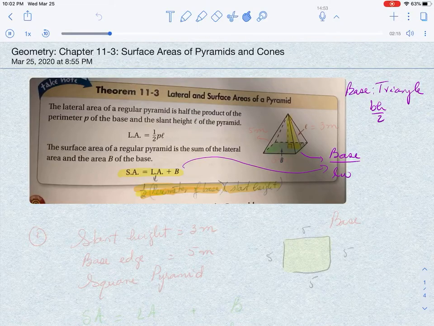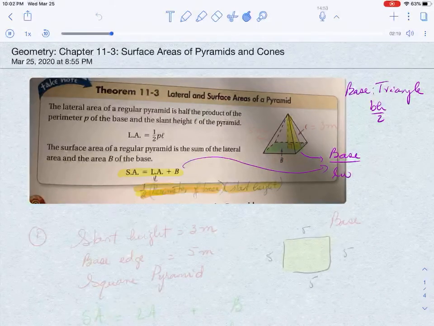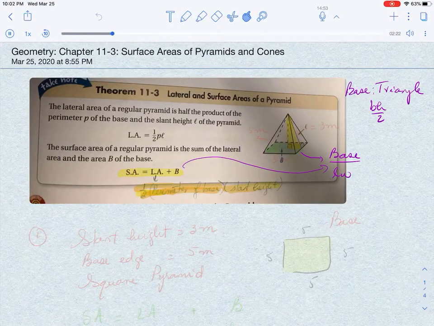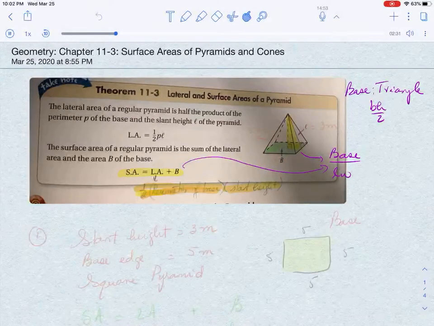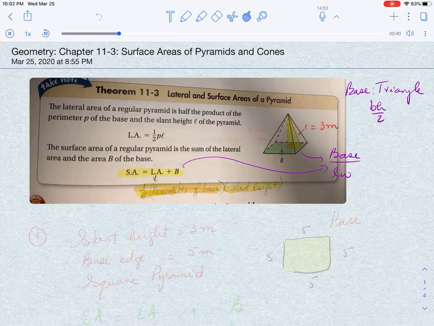Let's say I have the same figure, and then they gave me, let's change it, the slant height is 3 meters, and then they gave me the base. It is a square pyramid. The square pyramid will give me 5 meters right here, and 5 meters right here.